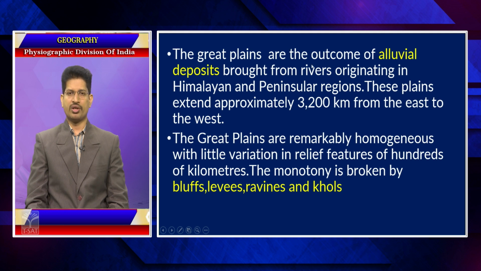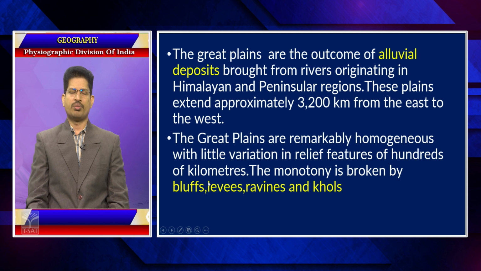The Great Plain region is the outcome of alluvial deposits brought by rivers originating in the Himalayas and the peninsular region. The Great Plain regions extend up to 3,200 kilometers from east to west. The Great Plains are remarkably homogeneous, with little variation in relief features over hundreds of kilometers.